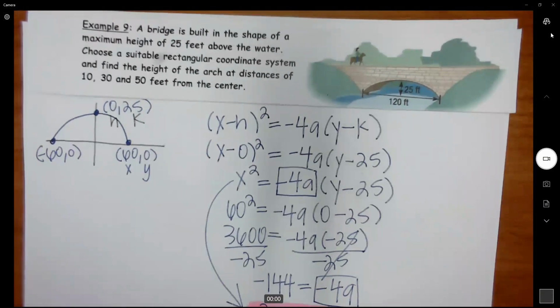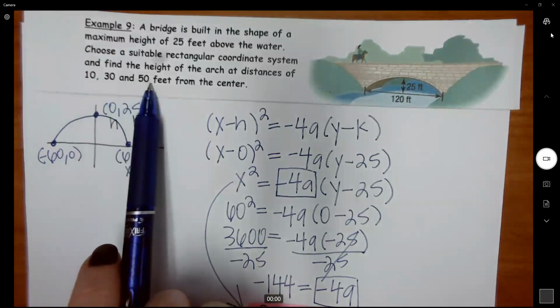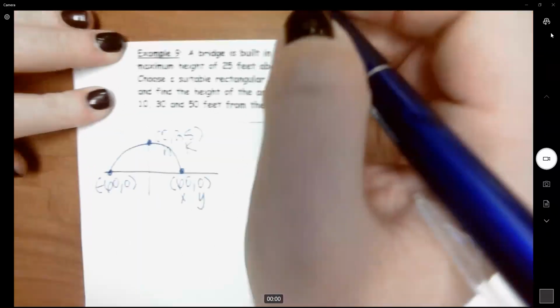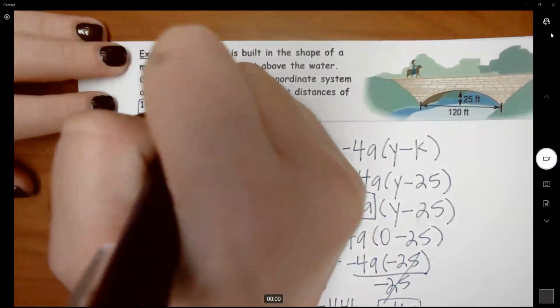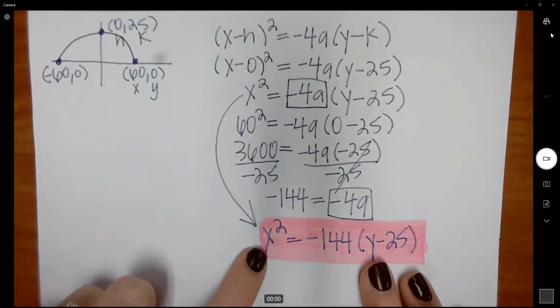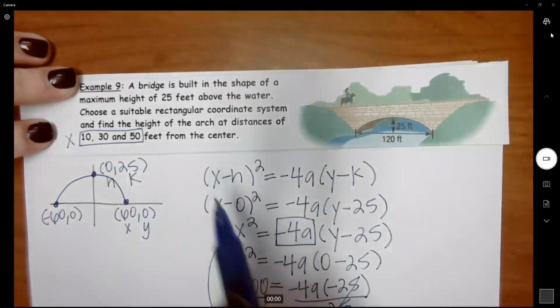Now, when I come back up here to the top, I want to find the height of the arch at distances of 10, 30, and 50. So these right here are representing what? My x or my y? I want to find the height at distances of 10, 30, and 50. These are representing my x values, right?